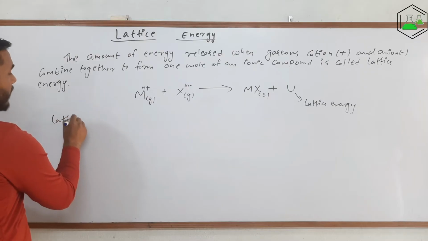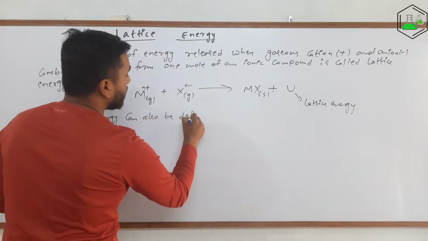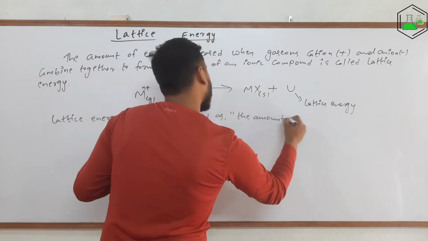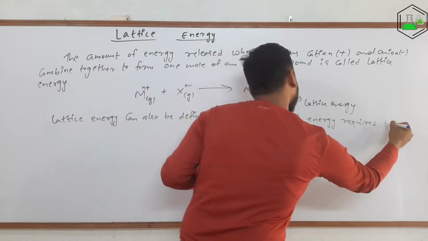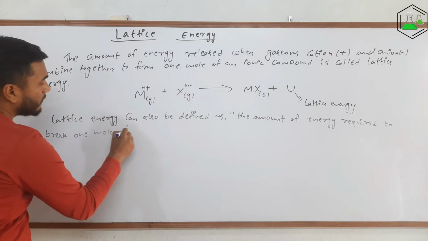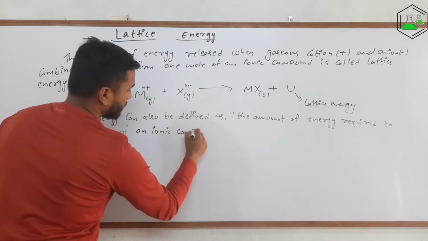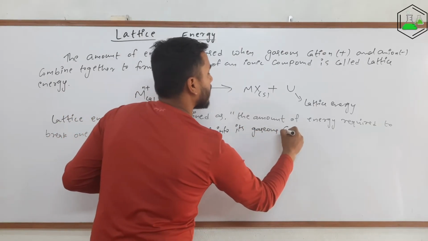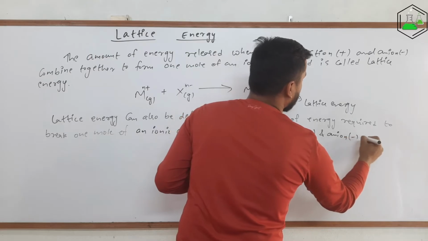Lattice energy can also be defined as the amount of energy required to break 1 mole of an ionic compound into its gaseous cation, that is positively charged ion, and anion, that is negatively charged ion form.